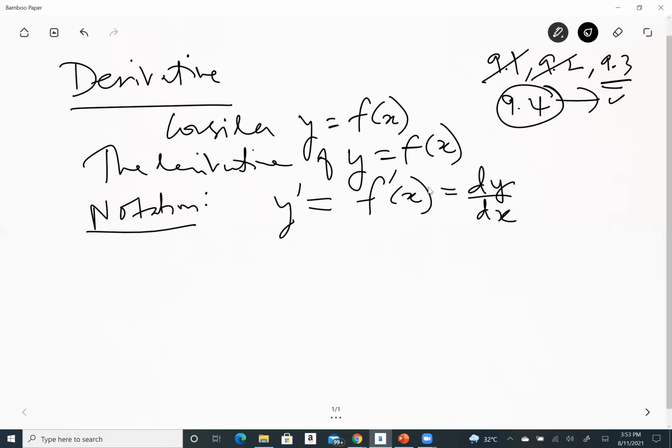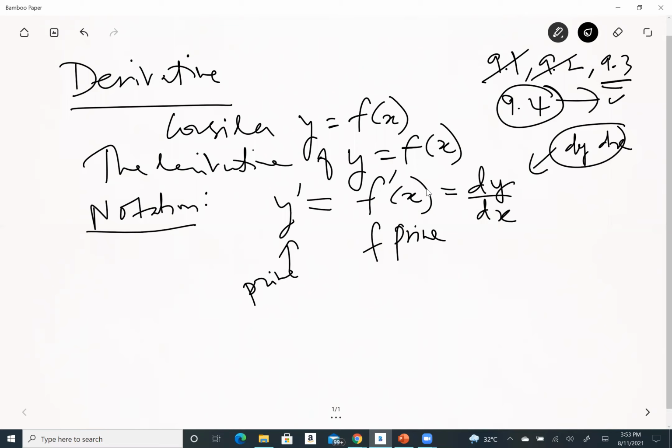Either you write y prime, that thing on the top, or f prime, we say f prime. And this one, we call it dy dx. So that is the derivative.